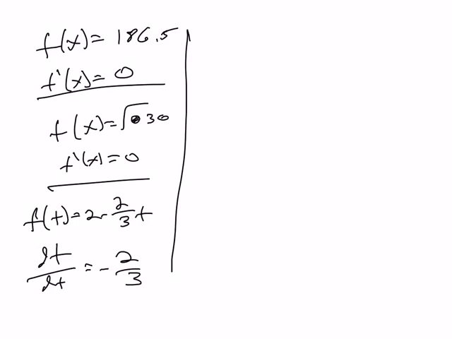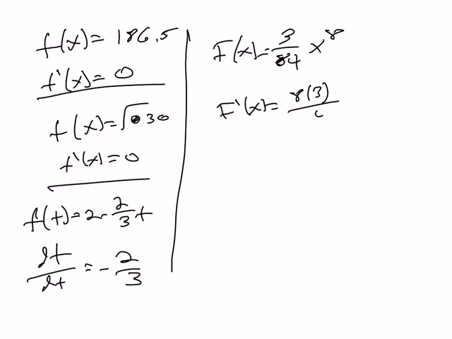Okay, fourth problem, we have f of x is equal to 3 over 4 x to the 8th power. f prime of x is equal, sorry, this is a 4. Yeah, this is a 4. f prime of x is equal to 8 times 3 over 4 times x to the 7. Again, just learn the rules. And this is equal to 6x to the 7.